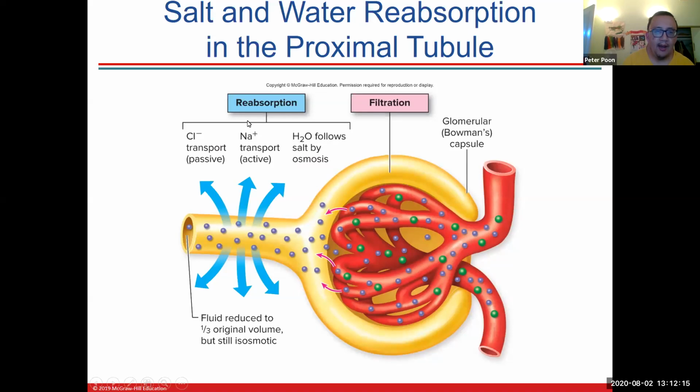So active reabsorption, the active pumping out of sodium, water follows, and so does salt. So the fluid is reduced to 1/3 of original volume. So 70% of the water is already returned to your bloodstream.